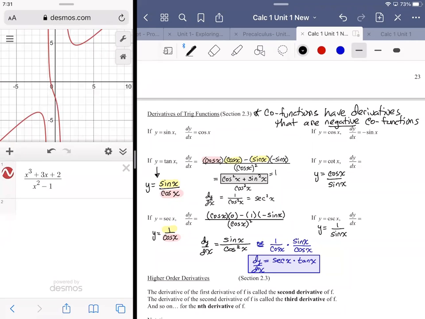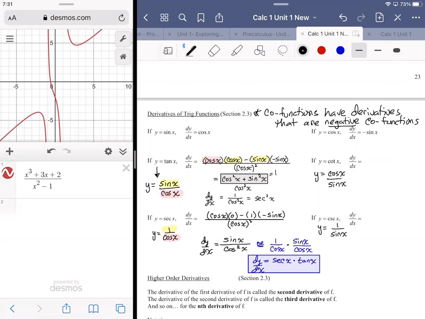A cofunction is actually a lot easier than it might sound. You have trig functions that have a co, and you have trig functions that don't have a co. Sine and cosine, those are cofunctions. Tangent and cotangent, cofunctions. Secant and cosecant, cofunctions.